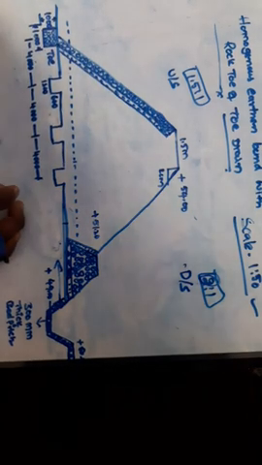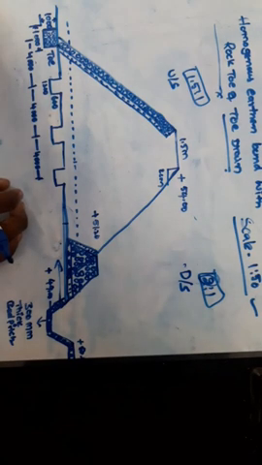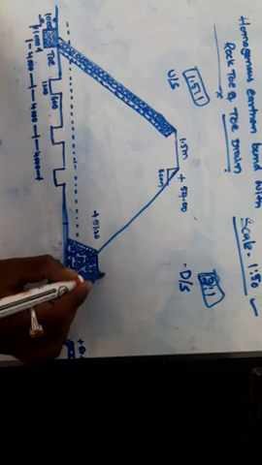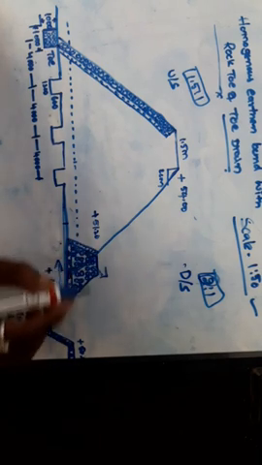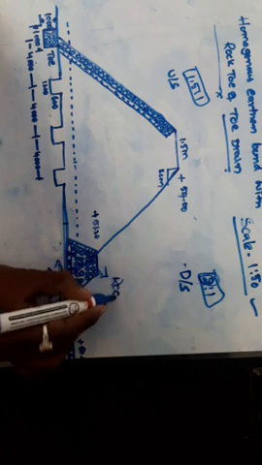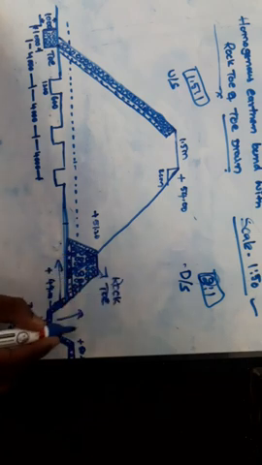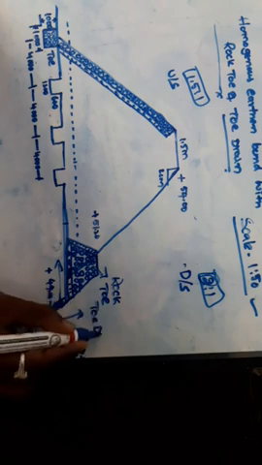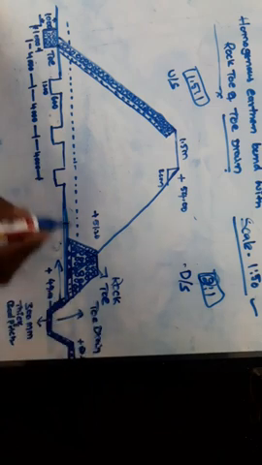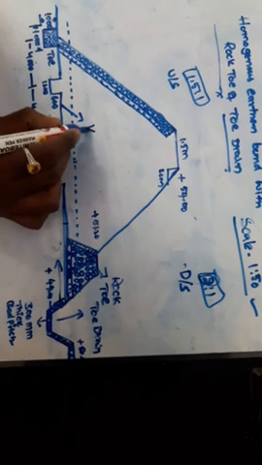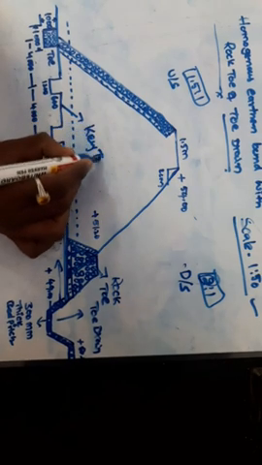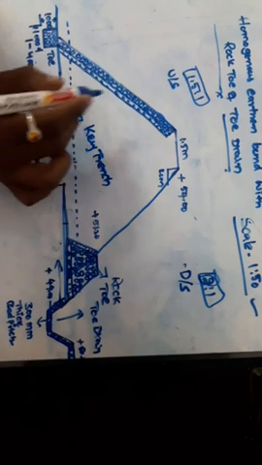This is the homogeneous earthen bund with rock toe and toe drain. Rock toe, toe drain, key trench.